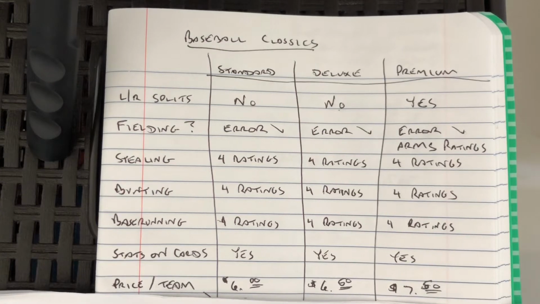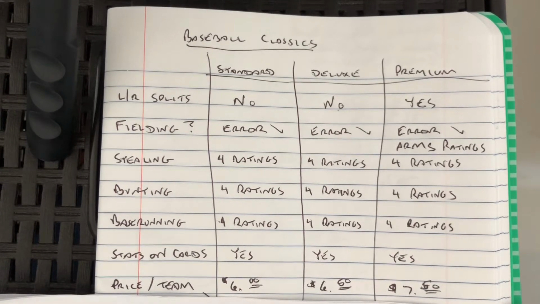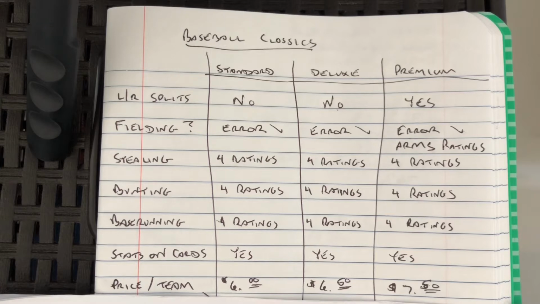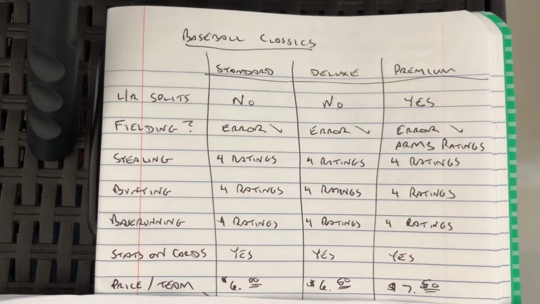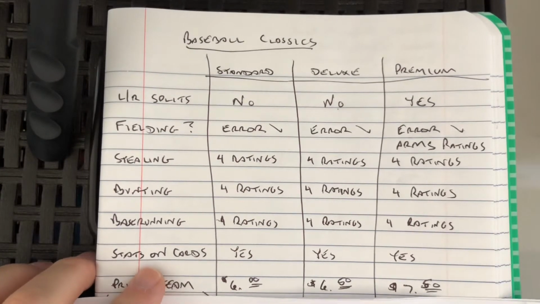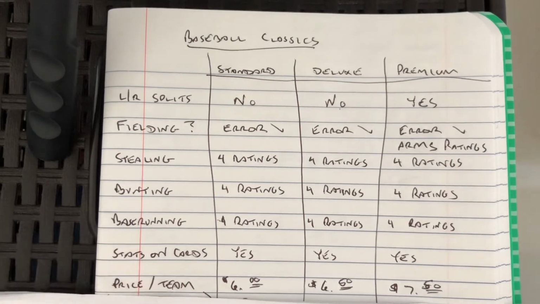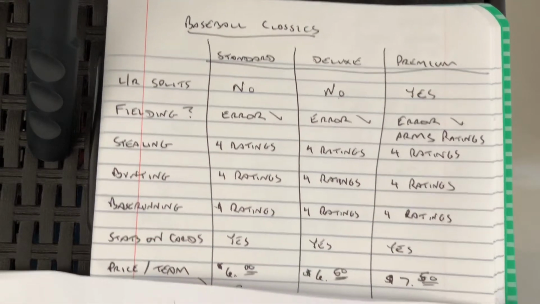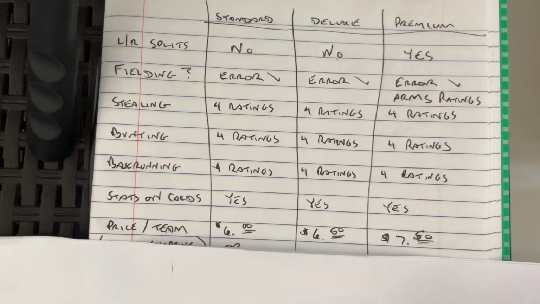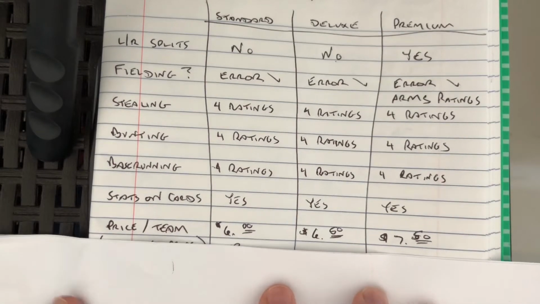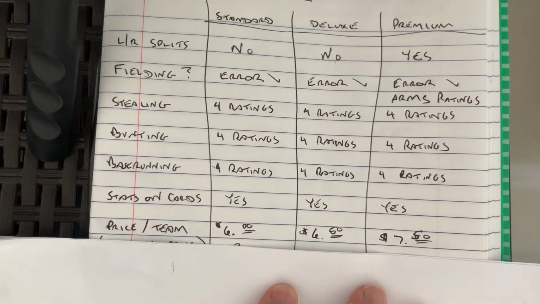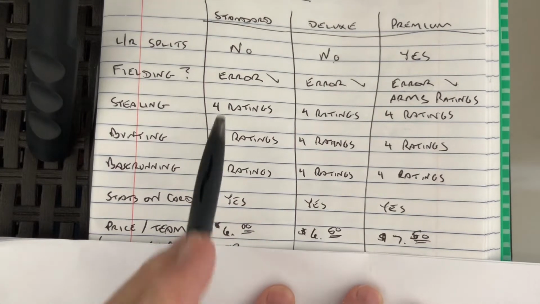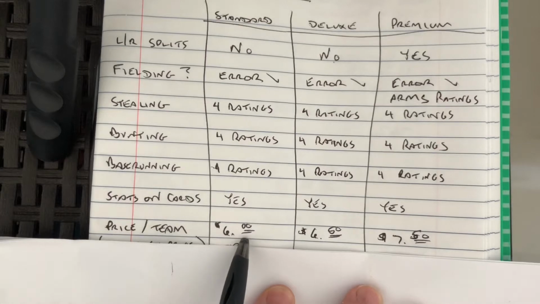Alright, now we get to prices. If you go to the Baseball Classics website, one of the things that you'll see is that price per team is something that's easy to find. Price per season takes a little digging. But the price per team is, for the standard teams, $6.